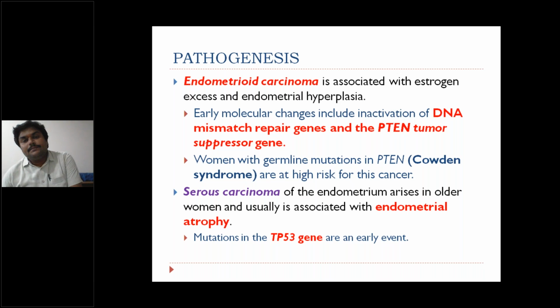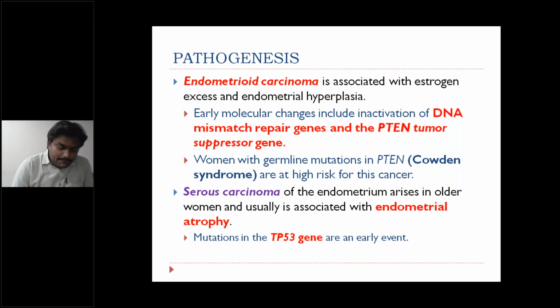If that mutated DNA is not repaired properly, the cell will undergo apoptosis. I told you this very clearly when discussing apoptosis and the cell cycle at the beginning of your second year.